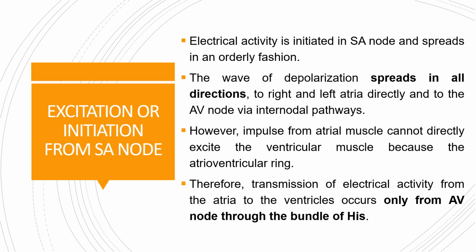However, impulse from the atrial muscles cannot directly excite the ventricular muscle because there is no direct connection between the atrial muscles and the ventricular muscle. Okay, the only connection is via these fibers. Therefore, transmission of electrical activity from the atria to the ventricles occurs only from the AV node through the bundle of His.